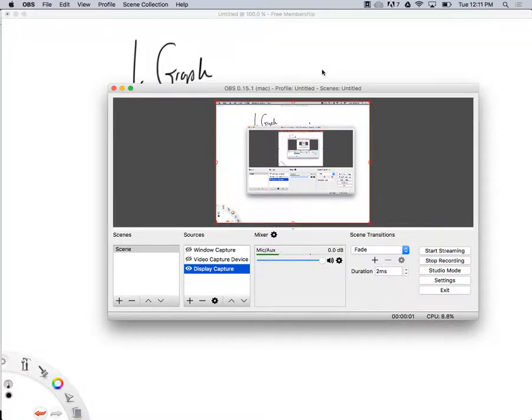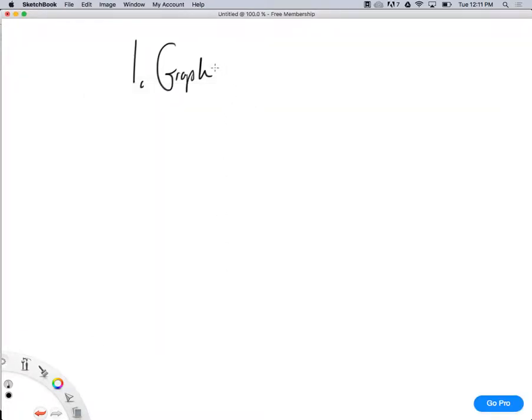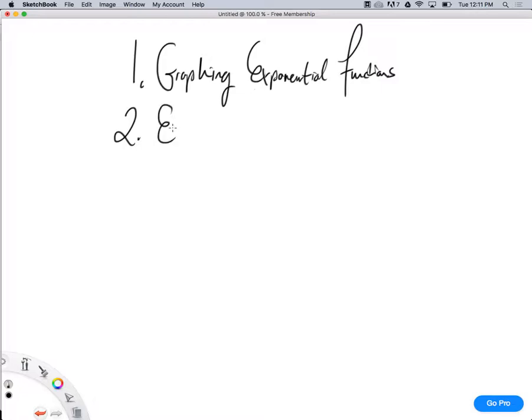The two things on this quiz are graphing exponential functions and exponential growth and decay.